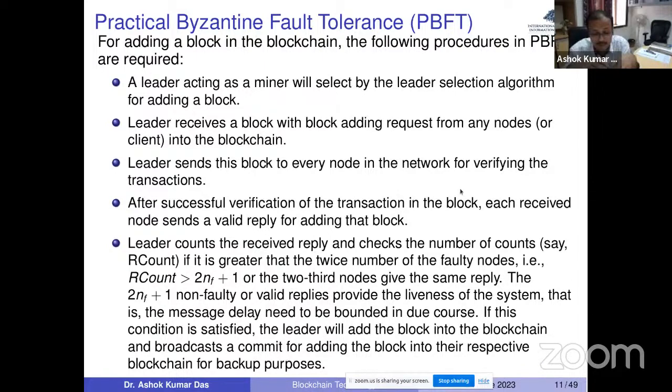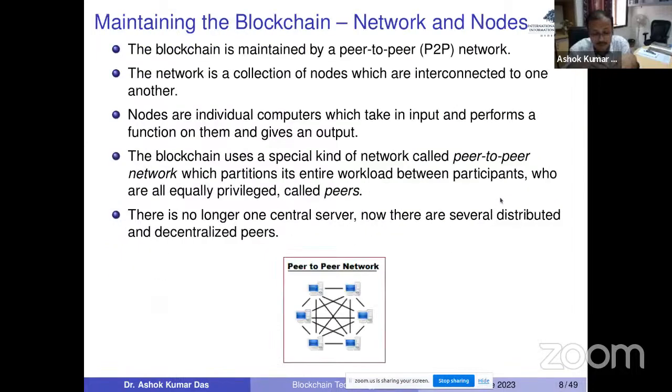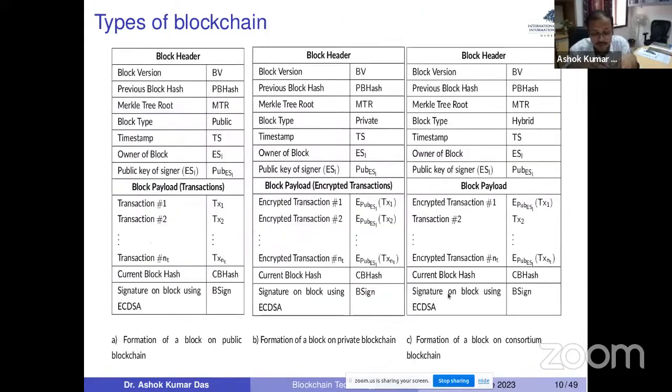In this algorithm, let us assume that we have n number of P2P nodes in the network. Out of the n nodes in the network, suppose some number of nodes are faulty nodes, known as Byzantine faulty nodes. What are faulty nodes?